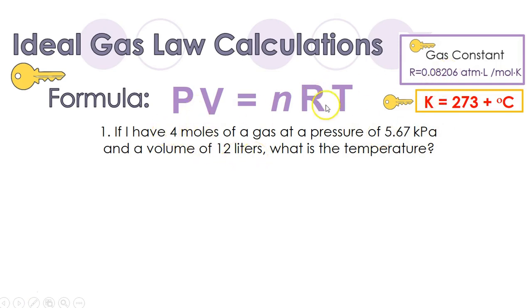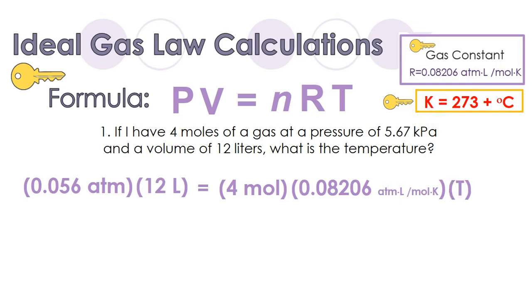We can use our gas constant, and we want to calculate our temperature in Kelvin. So when I set up the problem, I'm going to have these as our variables. Lastly, doing a little bit of algebra, we're just solving for our temperature. So we're going to multiply and then divide to get temperature by itself. I'm going to get an answer of 2.05 Kelvin.